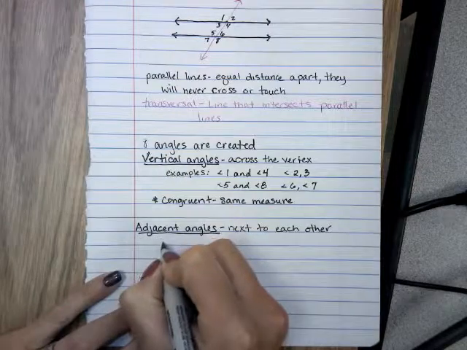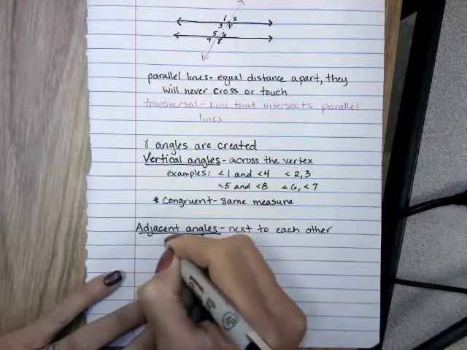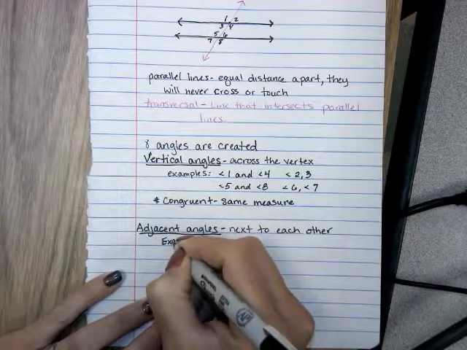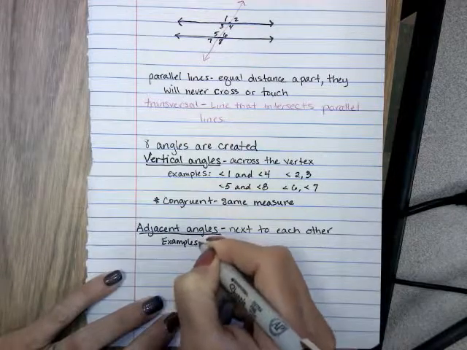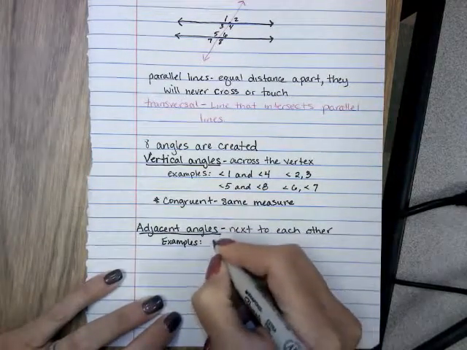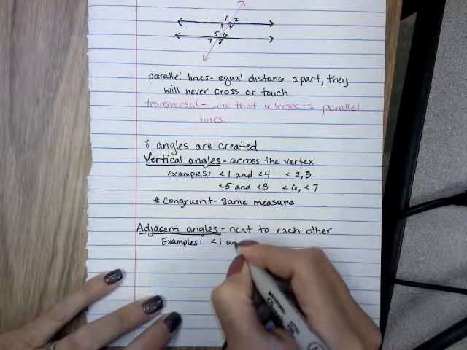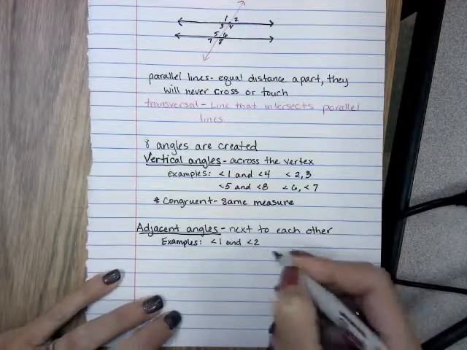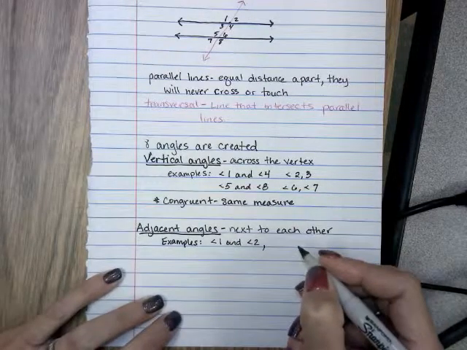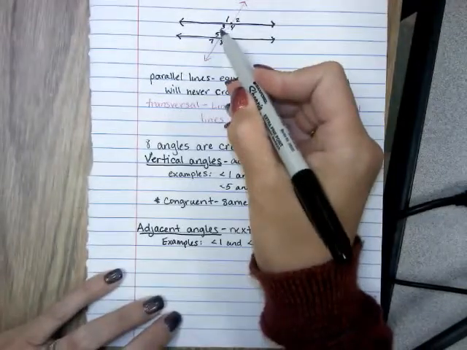So some examples of adjacent angles would be angle 1 and angle 2. Angle 1 is also adjacent to angle 3.